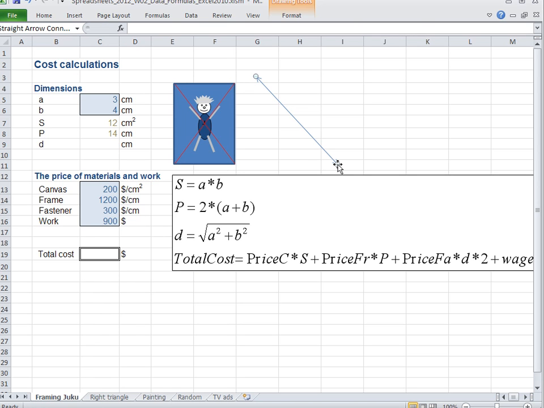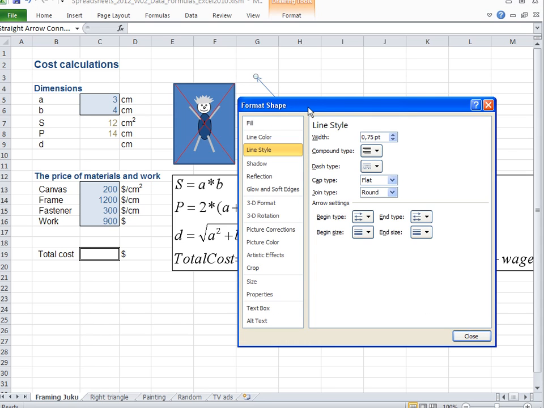tool set, and since the fasteners are in red, what we did was we selected the line and pressed Ctrl 1 here, and here it is, a number of new options for the drawing tools. This is the same Ctrl 1 that gave us format cells.